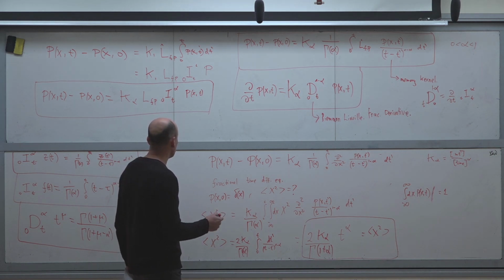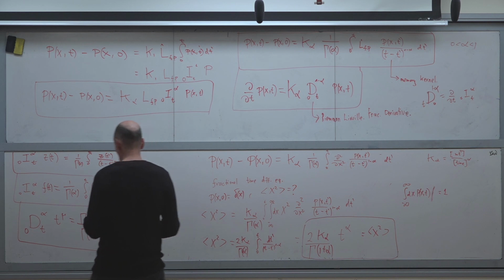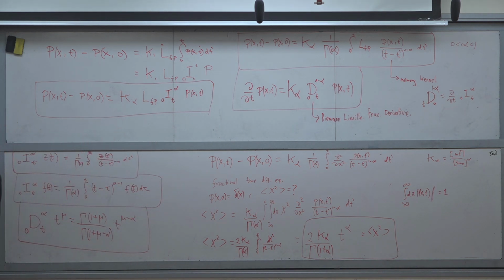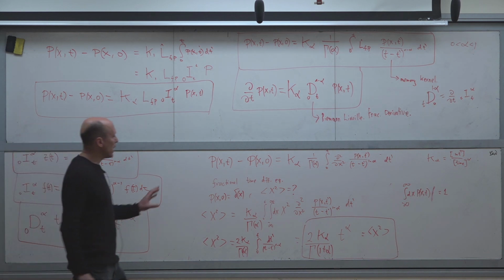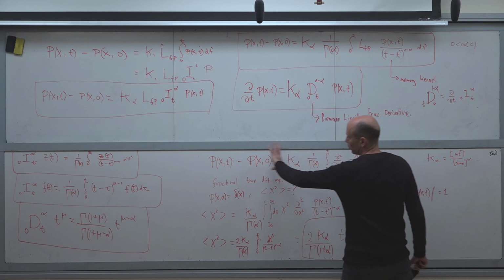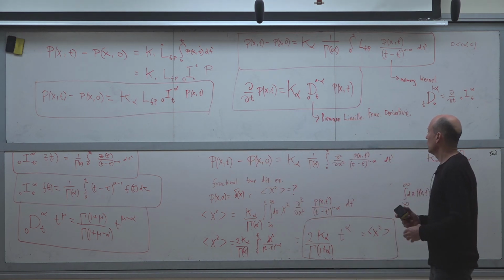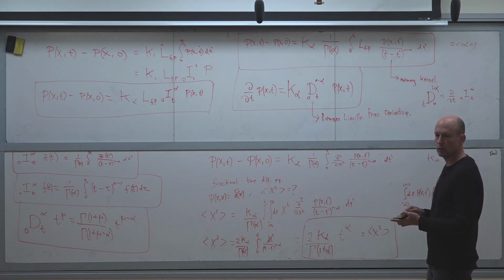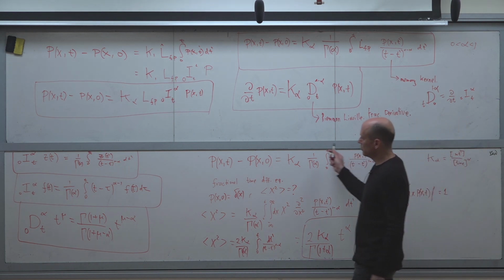You can do it in many different ways. But now let us see, slightly deeper, why this equation is actually the continuous time random walk in disguise. Does anyone have an idea how to do that? Why is this?